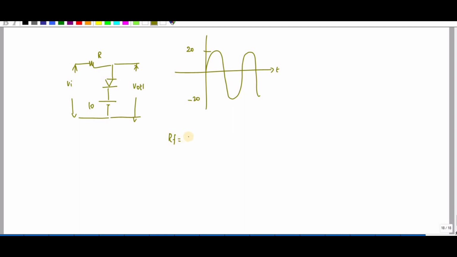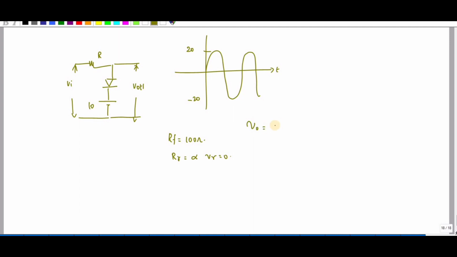And they have given the value of RF, the forward resistance of the diode, as 100 ohm. So you can tell this is 10.7, so it should be less than 10.7, but here I have given the value of forward resistance RF equal to 100 ohm, and RR, that is reverse resistance, is infinity, that is VR is equal to 0.